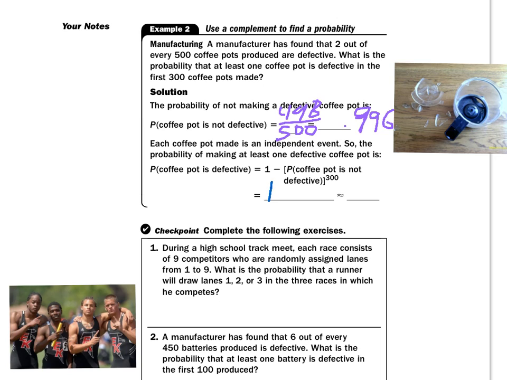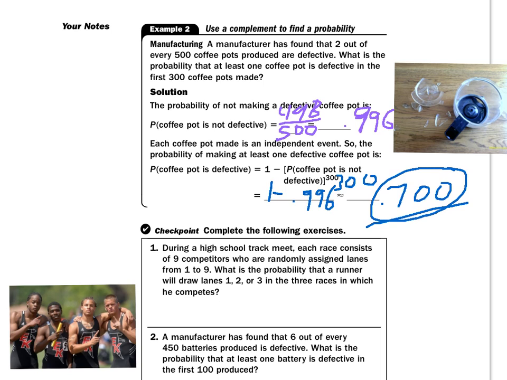So it's 1 minus 0.996 to the 300th power. And if you did that, you get 0.700. Remember what the original question was? What is the probability that at least one coffee pot is defective in the first 300? We got about a 70% chance that that's going to happen.